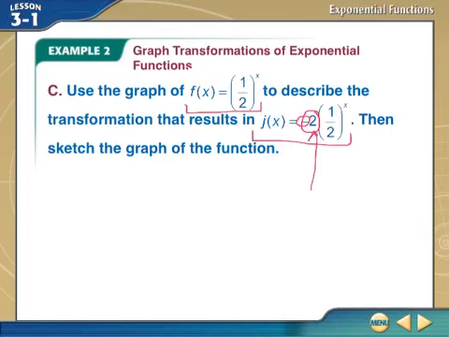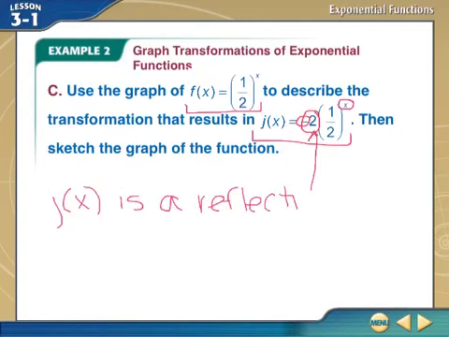Anytime you change the sign on the outside of the function, in the last example we changed the value of x. This time we're changing the value of the entire function, changing the sign out in front. That reflects over the x-axis. So here what we have is j of x is a reflection over the x-axis because of that sign change out in front.